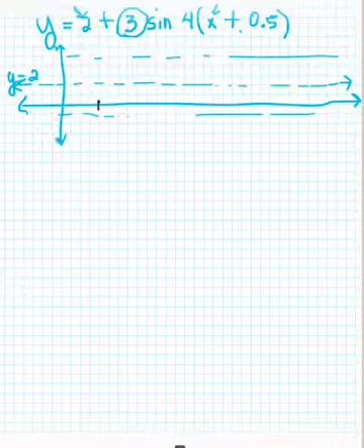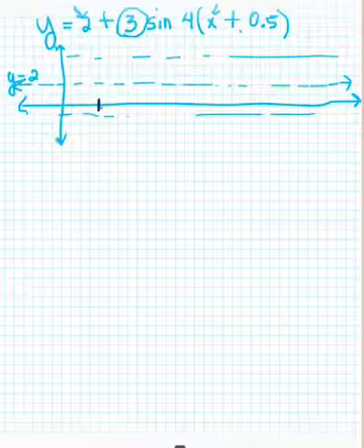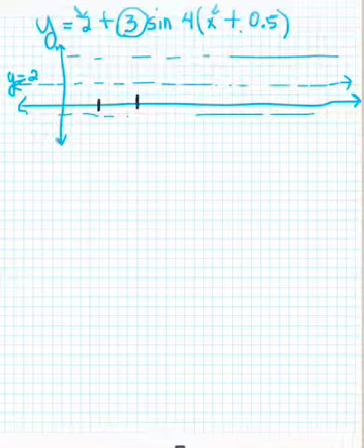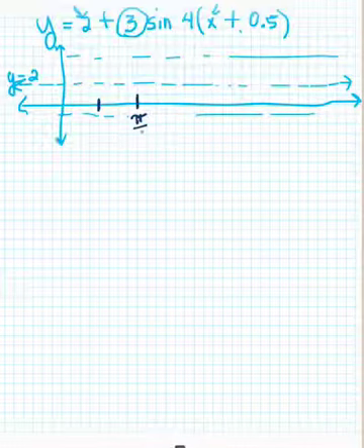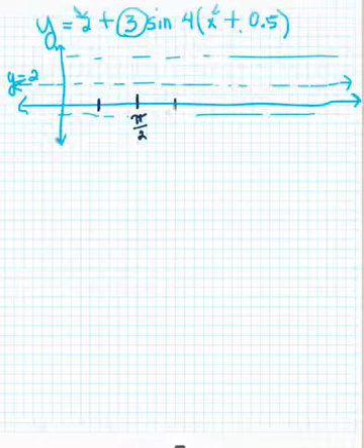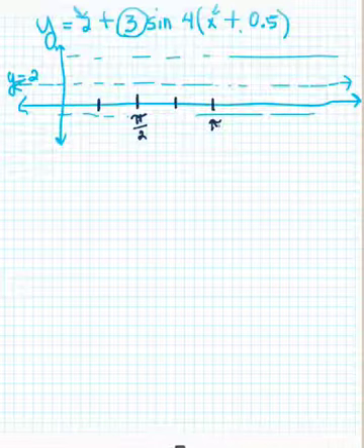Let's see, 1, 2, 3, 4, 1, 2, 3, 4. Let's put pi halves right there. There we go. 1, 2, 3, 4. And then 1, 2, 3, 4. That'll be pi right there.